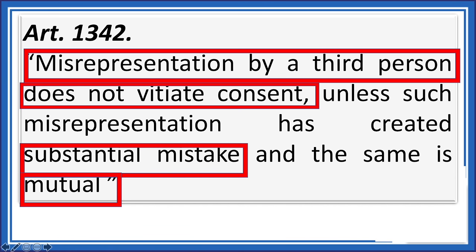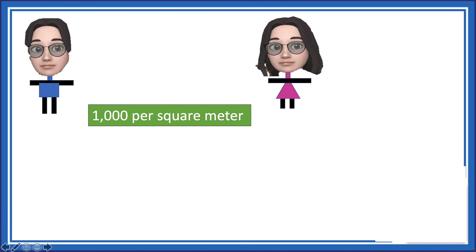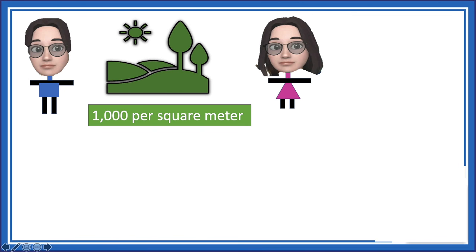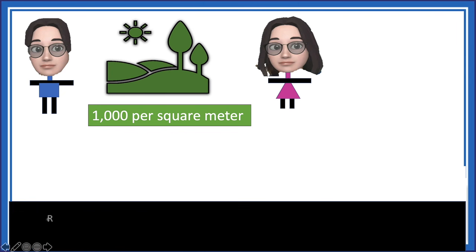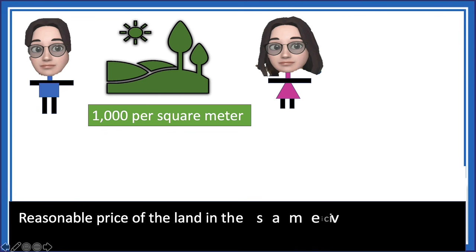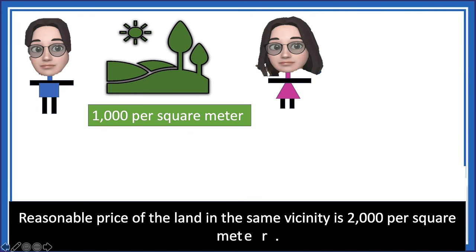Okay, example. Suppose, palitan na natin, Ganda and Pogi na tayo, parang mas madali at naiintindihin. So, if ever, si Ganda, bumili siya ng lupa kay Pogi for, say, 1,000 pesos per square meter. Tapos, yung reasonable price of the land in the same vicinity actually is 2,000 pesos per square meter.